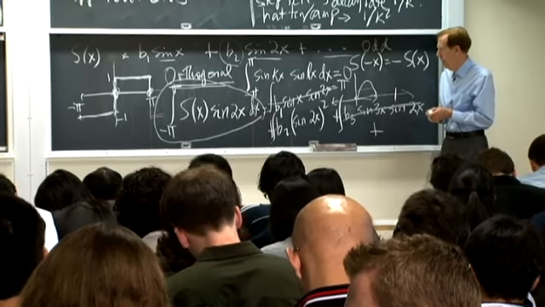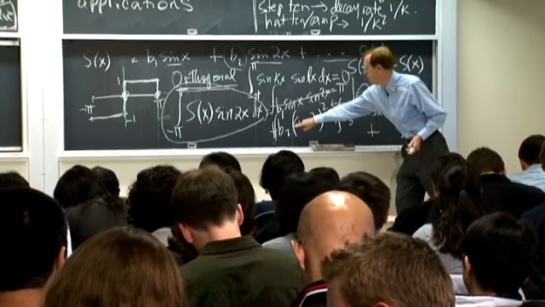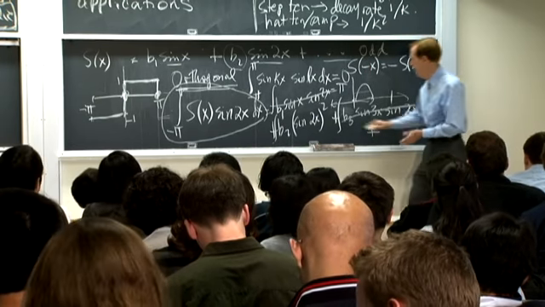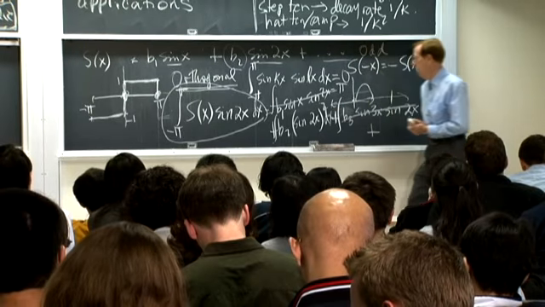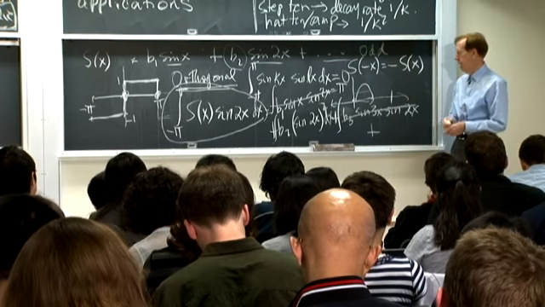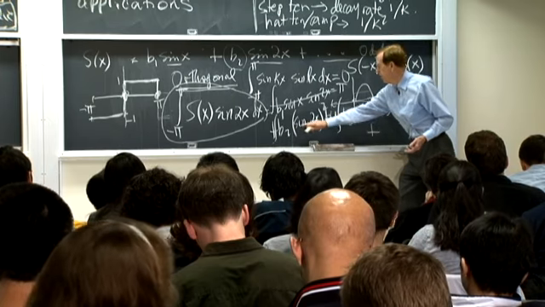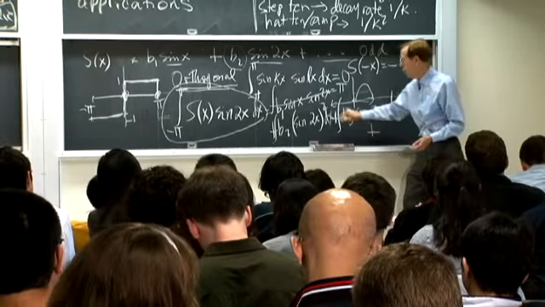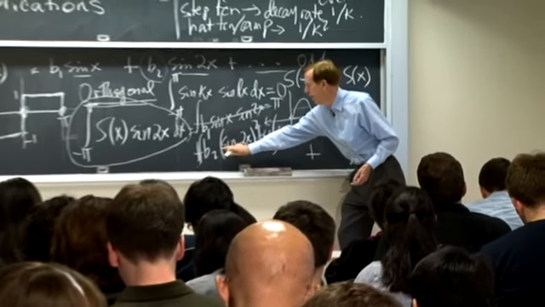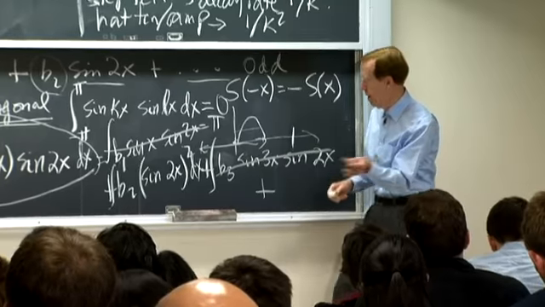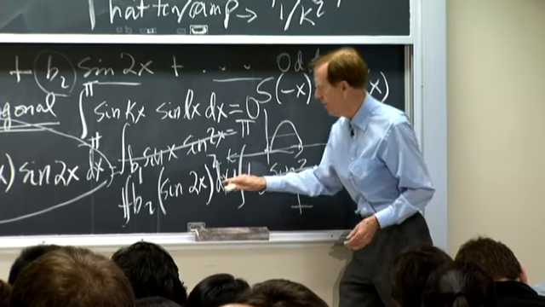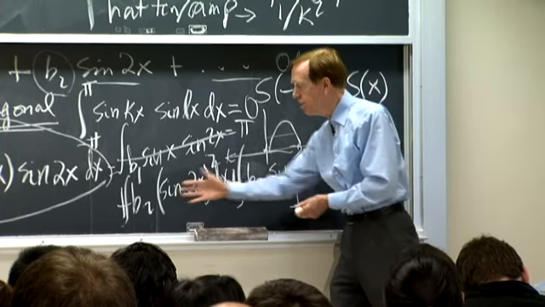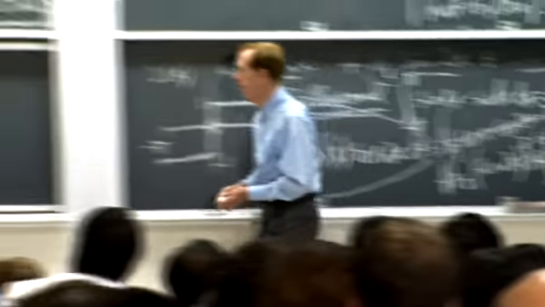And then what about this sine of 2x squared? I've integrated that, and what did I get for that? It's some number, and it's pi. So B2 comes out, and then I have the integral of sine squared 2x, and that's pi. So that's B2 times pi here, and I just divide by the pi.